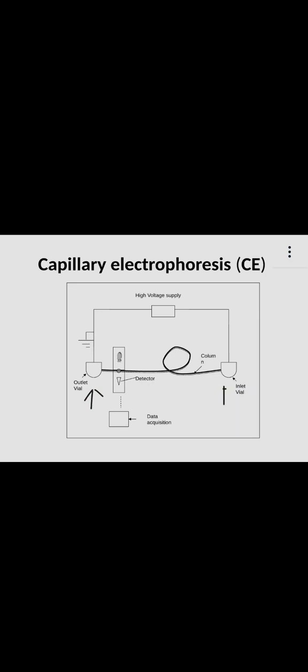So these vials contain an electrolyte solution or a buffer, and these two are connected to the power supply. So we have a high voltage power supply. This voltage is about between 5 and 30 kilovolts. The connection is through platinum electrodes.